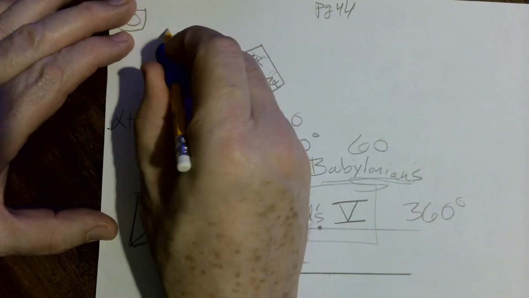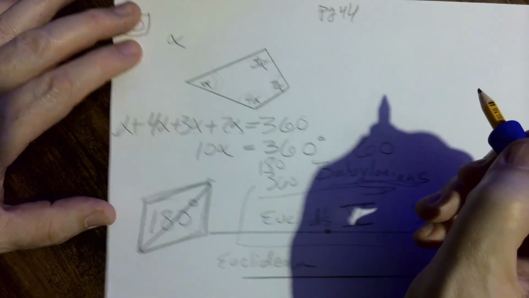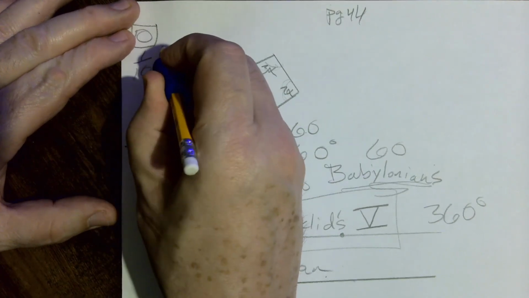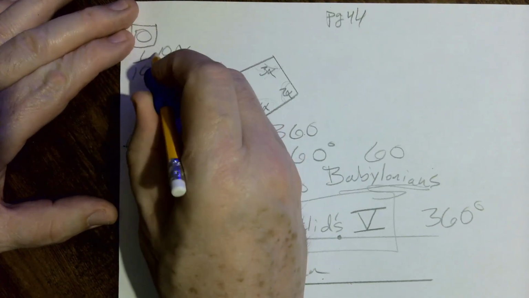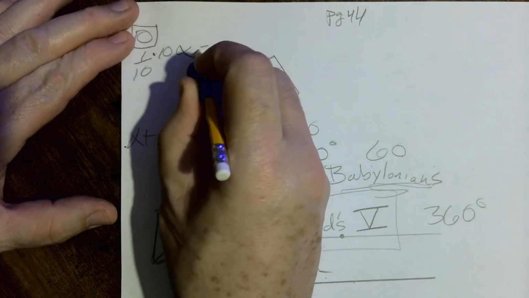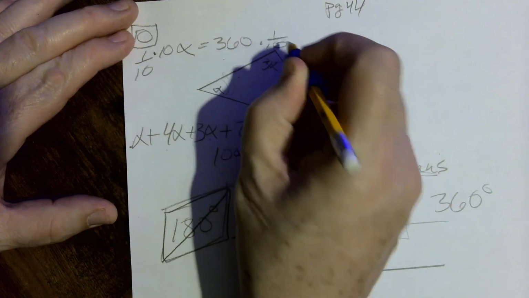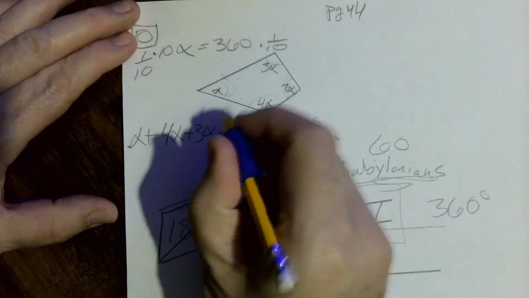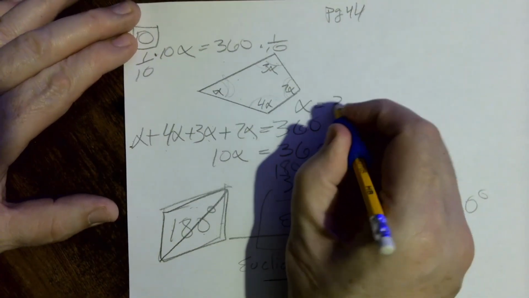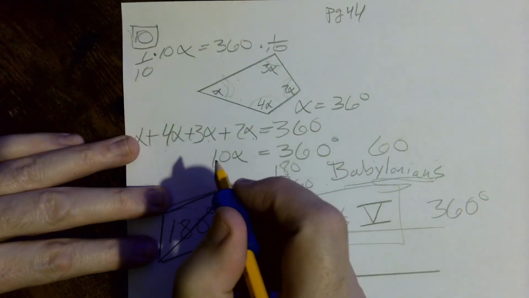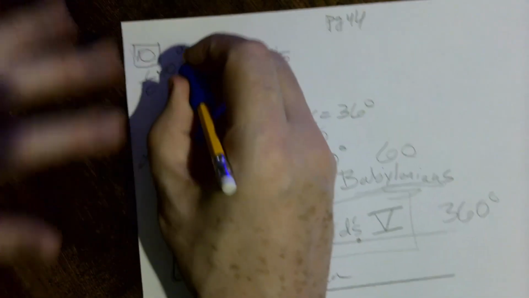So alpha is how many degrees? We multiply each side by the multiplicative inverse of 10. And when we do that, alpha is 36 degrees.